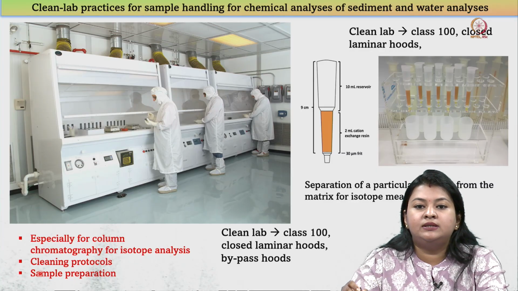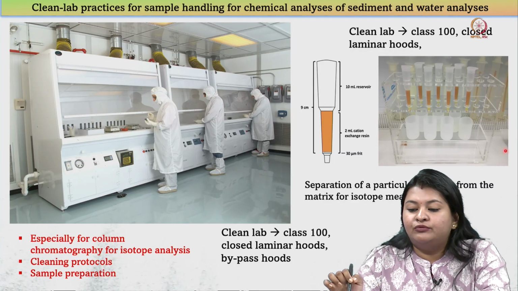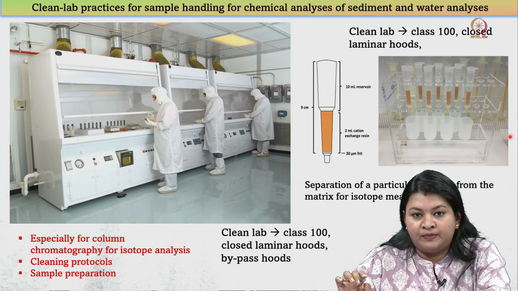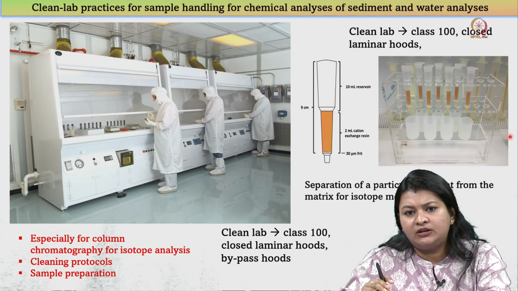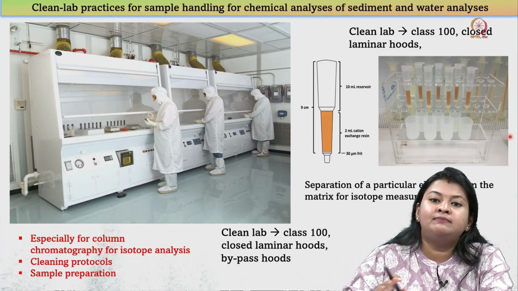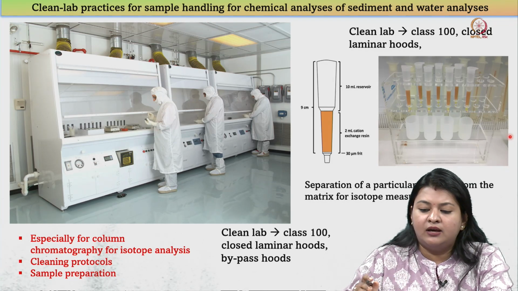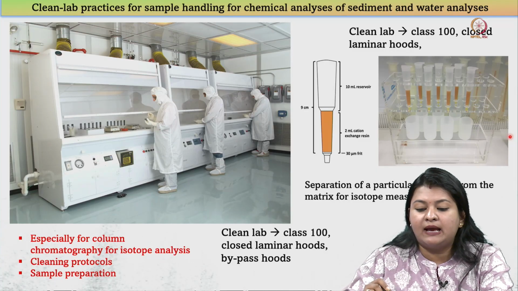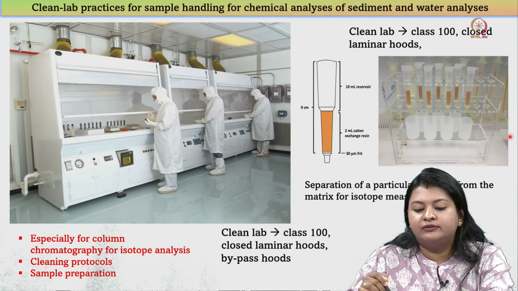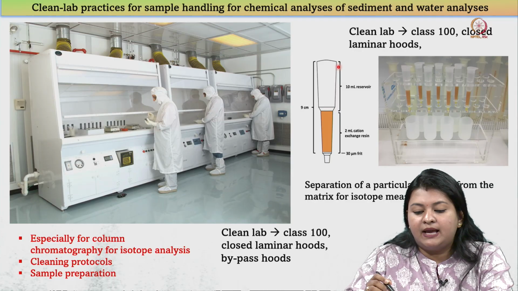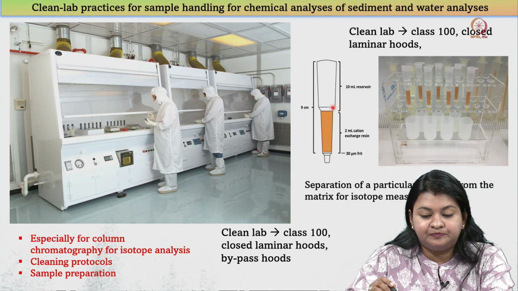So, here you see this is a setup for isotope analysis. It is a very different method as compared to elemental analysis. For elemental analysis, we do not do this kind of resin-related separation. What happens is you have these columns, and you have a particular resin.